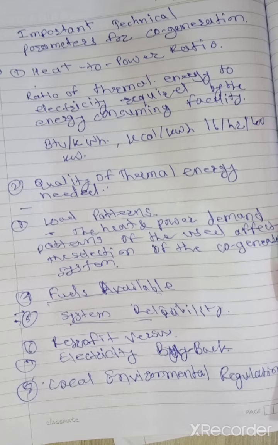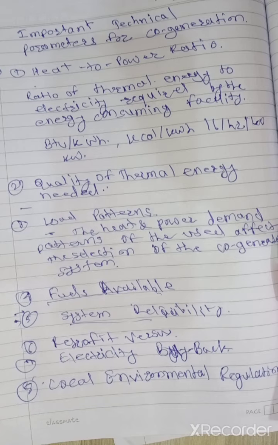The thermal energy requirement of the site could be met by the cogeneration system alone or by addition of boilers. Then, if the thermal energy generated with the base electrical load exceeds the plant's demand, and if the situation permits, excess thermal energy can be exported to the neighboring customer.